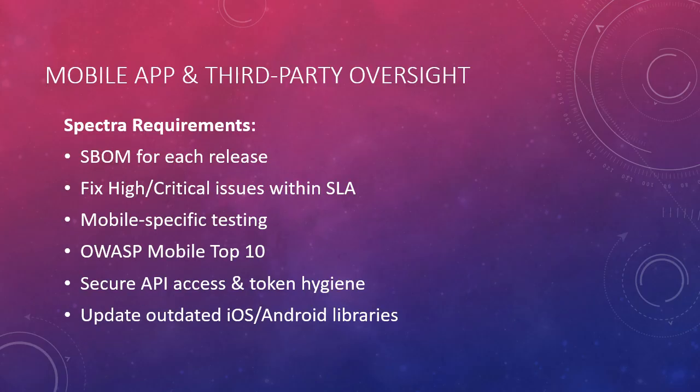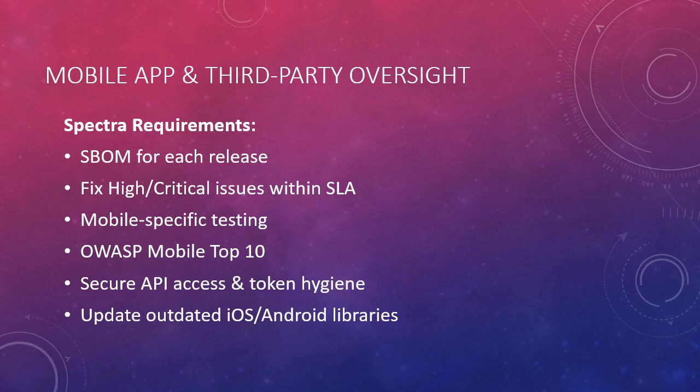Mobile app and third-party oversight. Campus Hire Mobile adds a new layer of risk because it is installed on thousands of students' and employees' mobile devices, and it was developed by an external vendor. We require Spectra to provide an SBOM, a software bill of materials, so we can track third-party libraries and identify vulnerabilities related to outdated SDKs or cryptographic functions.